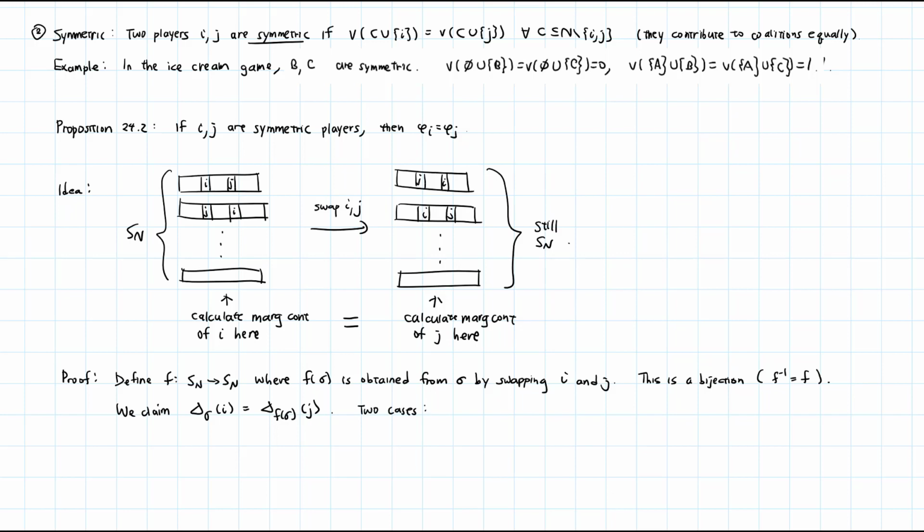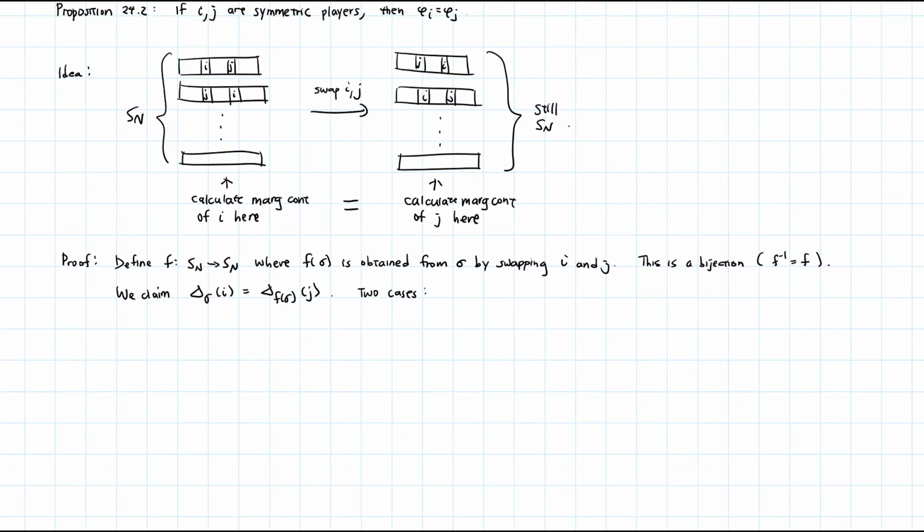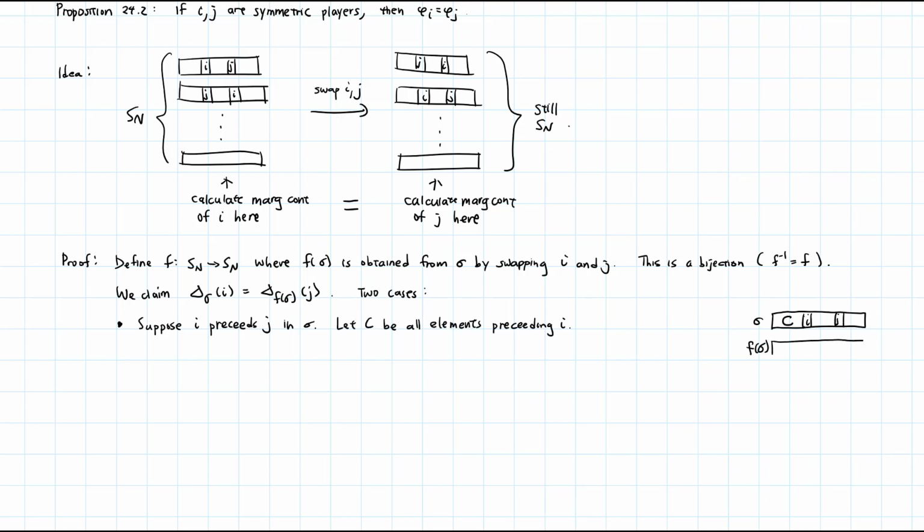There are two cases. In the first case, suppose i precedes j in sigma. We let C be all the elements preceding i. In f of sigma, C is also the elements that precede j.